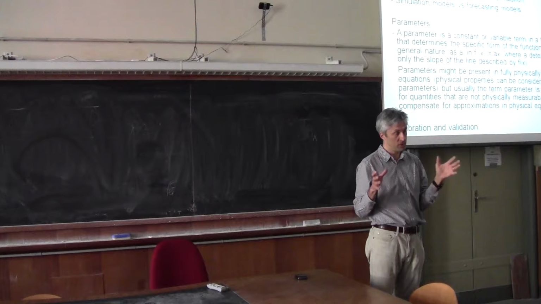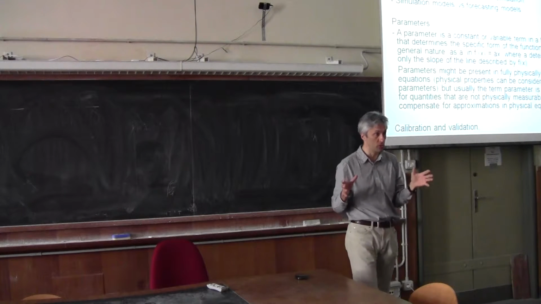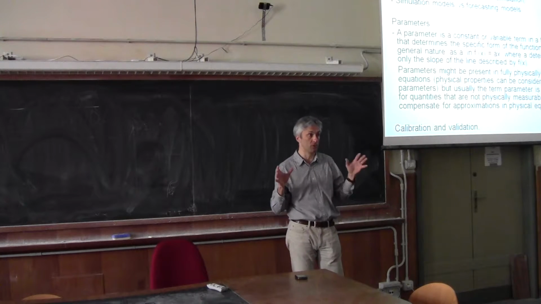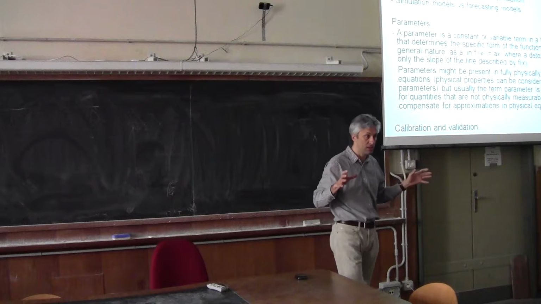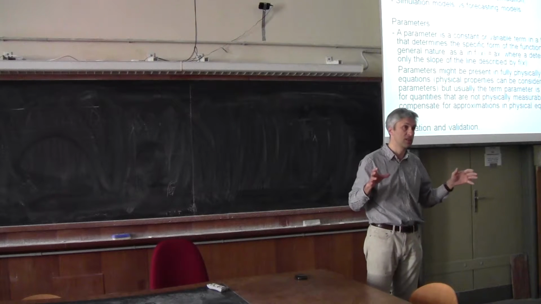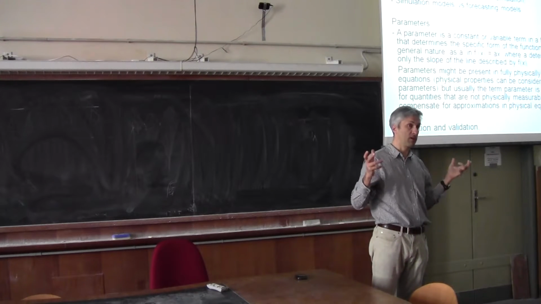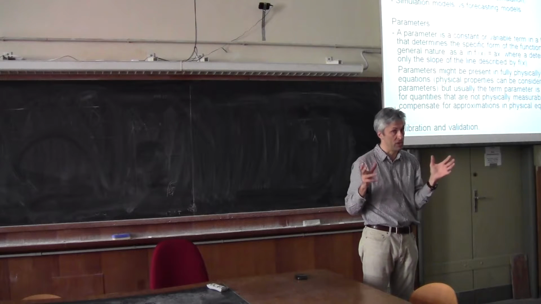So the model is called physically based, but it's not compulsory to use these balance equations to write the model. This is what I would like to stress. I said that we can use balance equations, mass balance and energy balance, to develop a rainfall-runoff model, but we are not obliged.